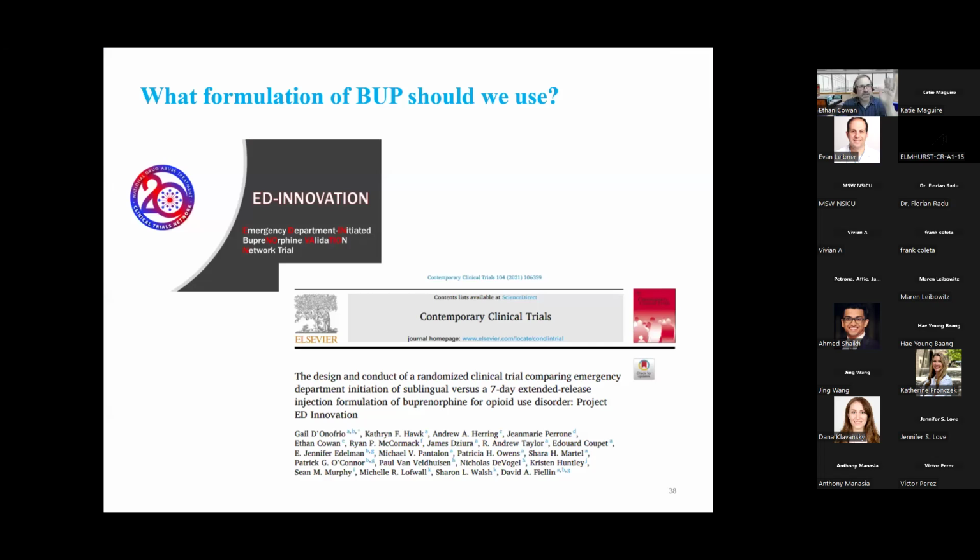It's a randomized controlled trial that compares long-acting injectable buprenorphine, and we're using a 1-week formulation called CAM2038. This just got approved by the FDA in October, so it goes under the market name of Brixadi. And we're comparing that to standard sublingual initiation in 2,000 emergency department patients across the country and looking at their engagement in treatment at 7 days.